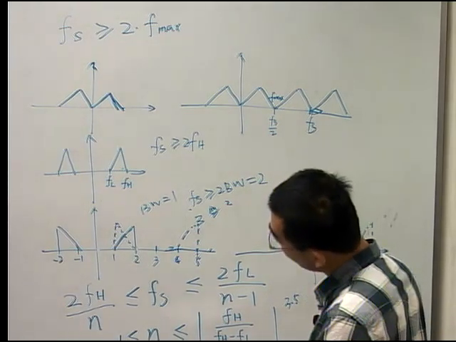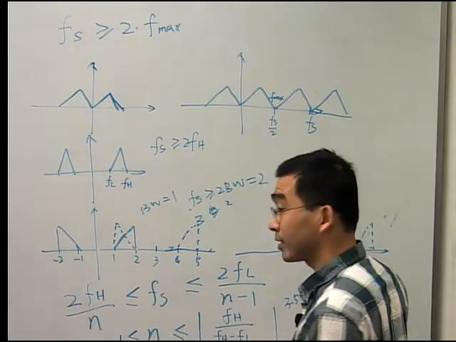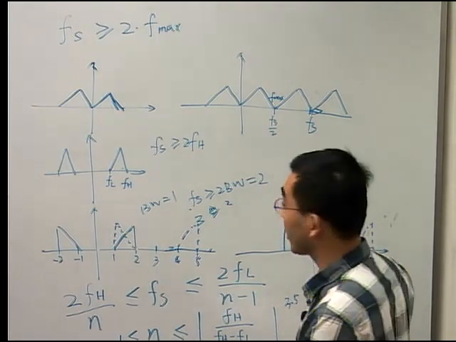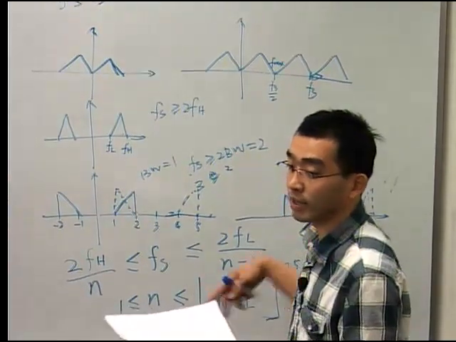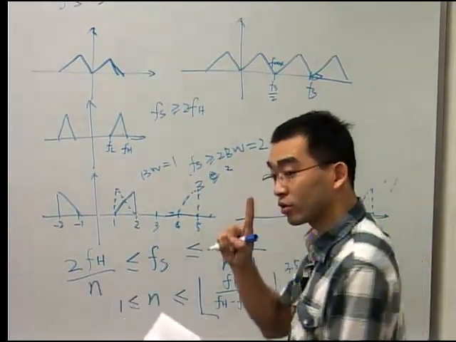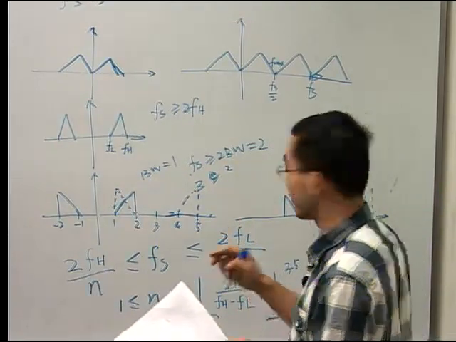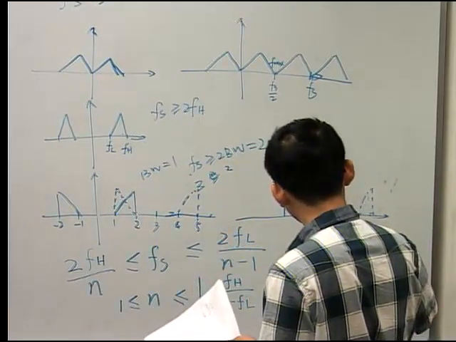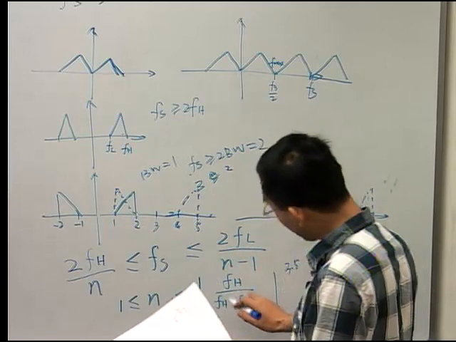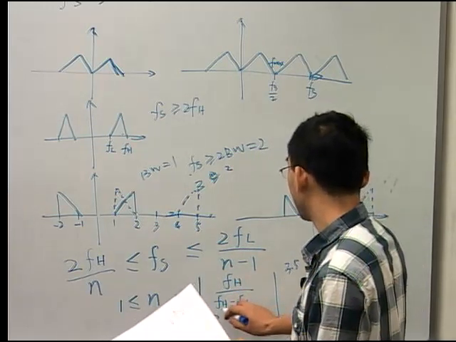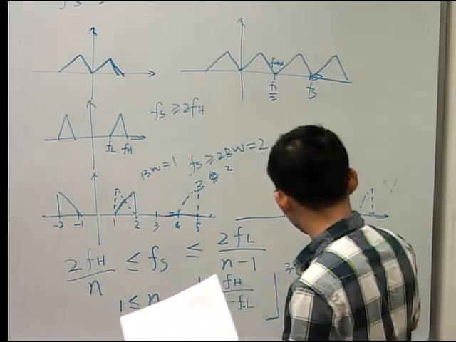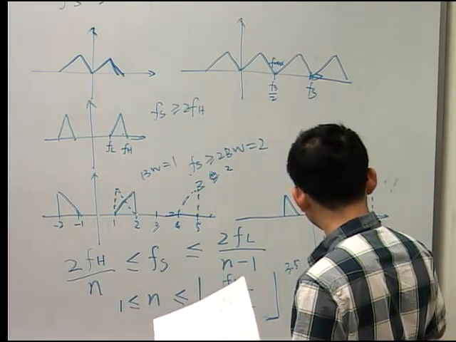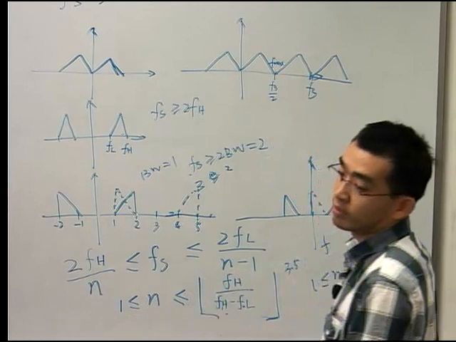And in the project, I think it asks about sampling a sine wave, like sinusoidal. That's single frequency. Okay, single frequency. That means your FL equals FH. So that means this one is 0. So n, that means n is larger than 1 but less than infinity.